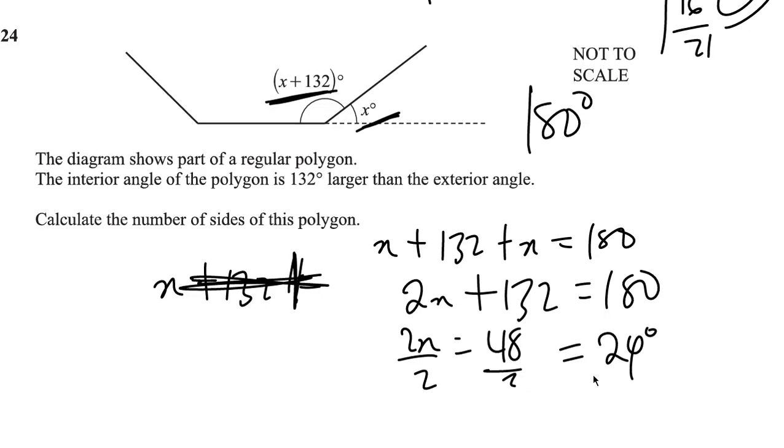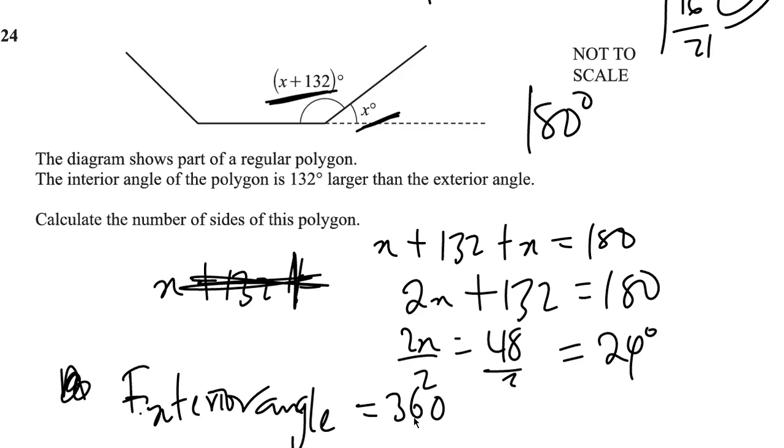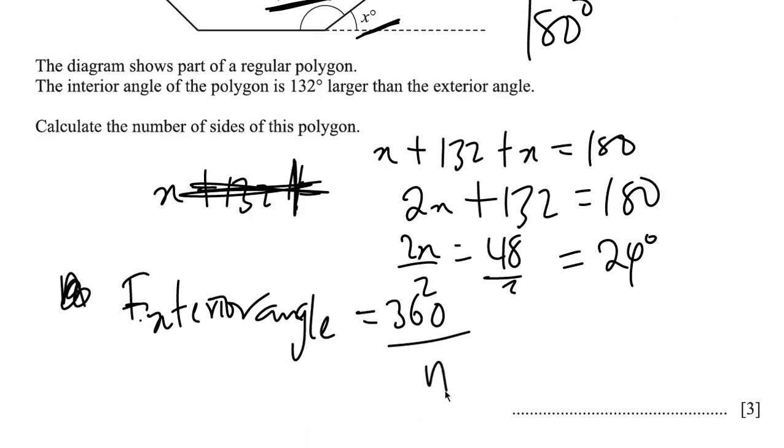24. Okay, then the question says calculate the number of sides of this polygon. So, recognizing that the sum of exterior angles of a polygon is equal to 360 degrees, the value of each exterior angle is equal to 360 divided by n, because the exterior angles must sum to 360.